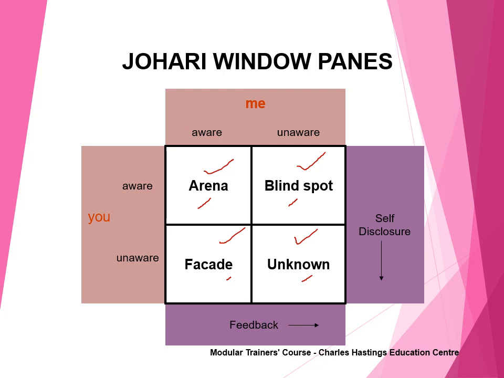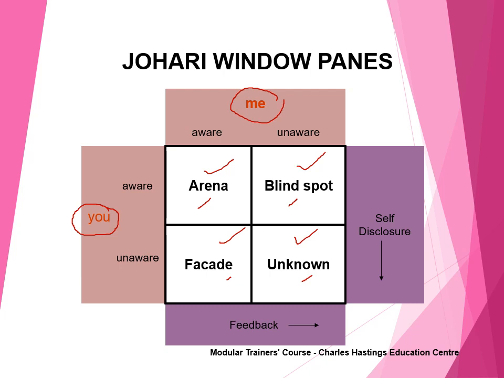Okay, it is very important for you to understand that when I am explaining this Johari window model, there are 2 parties involved. The 2 parties are me and you. Because of the interpersonal relationship, there are 2 parties that will be involved, me and you.